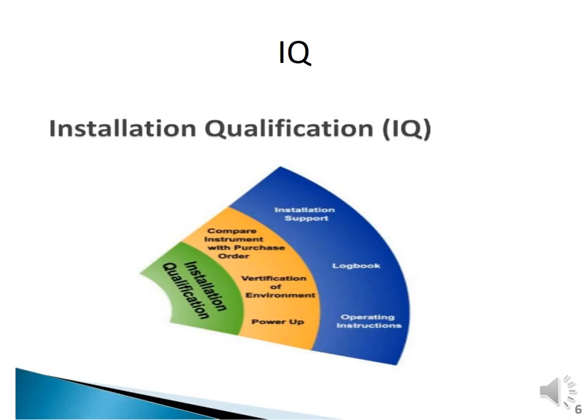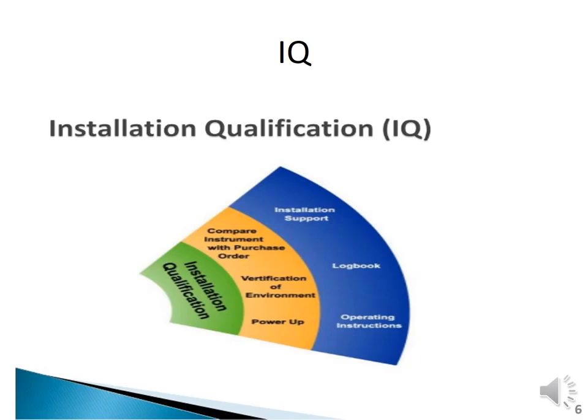Verification of the environment, we have discussed in the previous slide that the working environment and the environment where you are installing the machine, the instrument, verifying that this will match with the requirement where the machine can work easily, this is also important. And then comparing the instrument with the purchase order, this is also important.